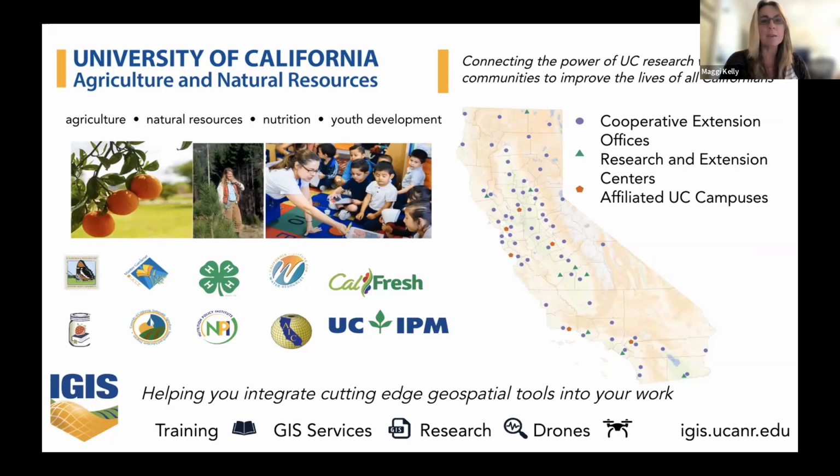And we do everything we can to connect the power of UC research to Californians. And we do it through agriculture, natural resources, nutrition, youth development. And there's a lot of statewide programs that do this work: 4-H, you might have heard of, CalFresh, UCIPM, Integrated Pest Management. Those are all programs that are designed to do this work. And we, IGIS, is one of those programs.